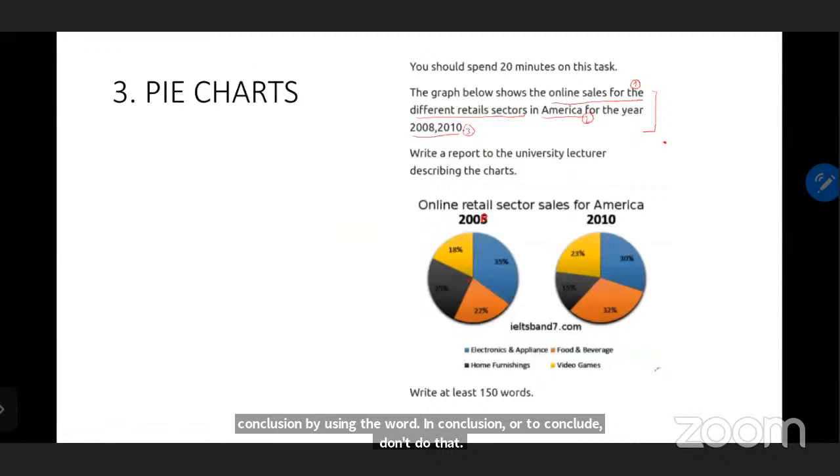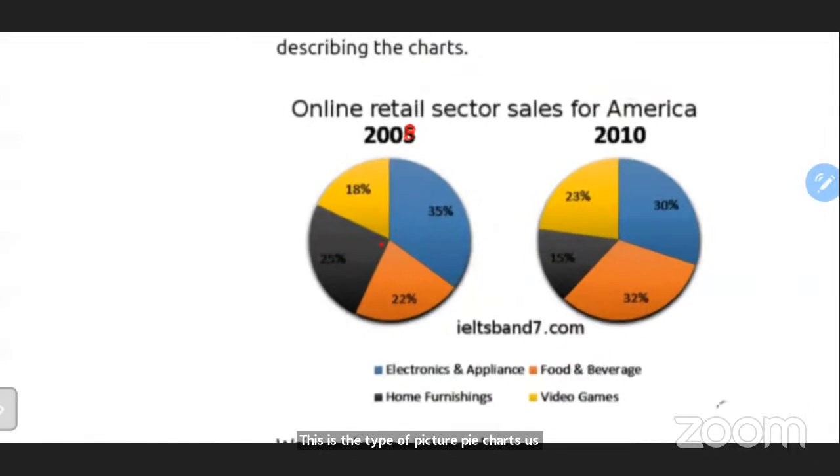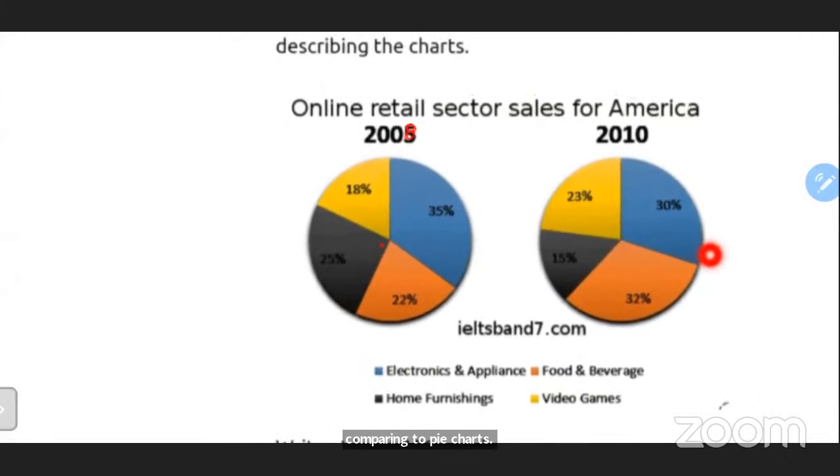Okay, next is pie charts. Here, same format like before. The time, the direction, the content or the title of the paragraph, and then the direction. This is the type of picture. Pie charts usually compare two pie charts. You have to determine which color represents what, and it's usually in percentage.